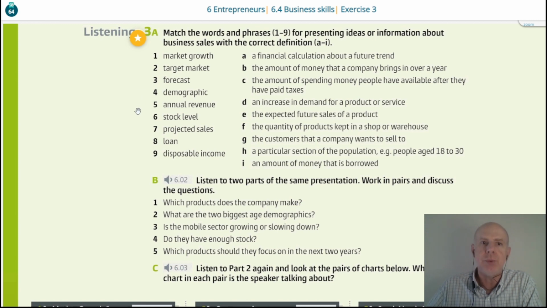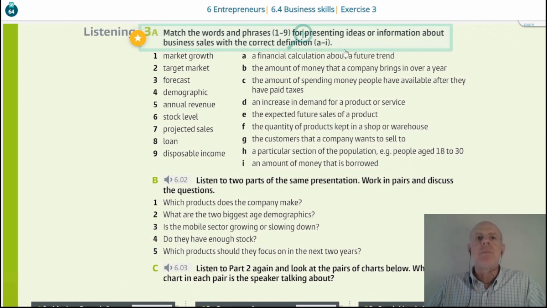Annual revenue. Stock level. Projected sales. Loan. Disposable income. Well, we have these items here that can be shown in a business sales presentation. So let's go and see what their definitions are.